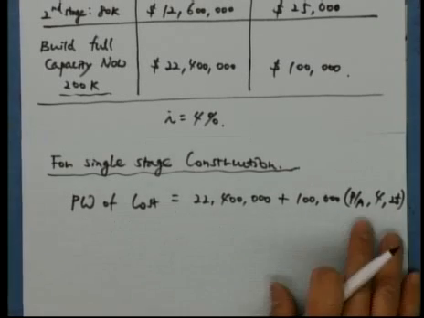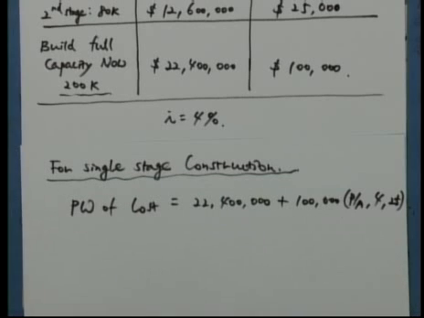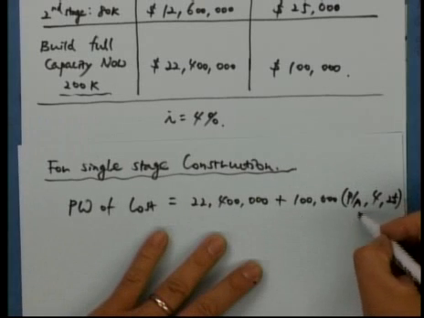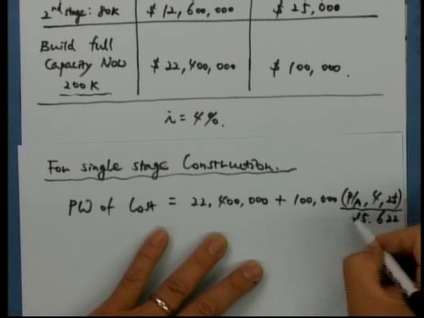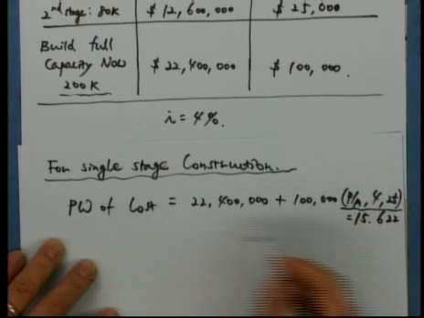So how much is this factor value? We are looking for 4% P given A over 25 periods. That is 15.622. So how much is this?